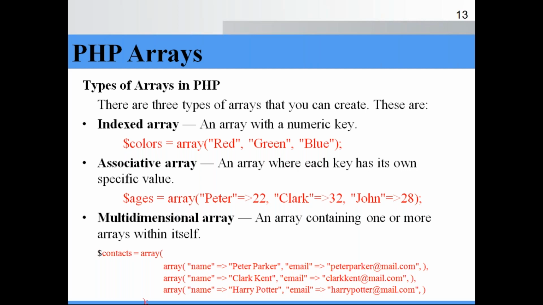Let's start with the indexed arrays here. An array needs a name, the array name, which also starts with the dollar symbol. And to declare any array, the method name we have to use is array. Array is a method name. Look at this. These are the list of values I would like to hold in that array.